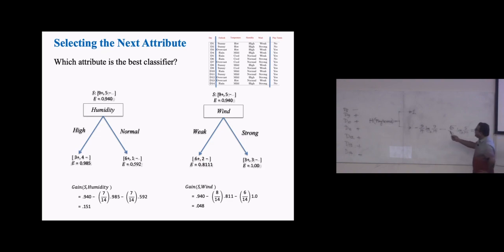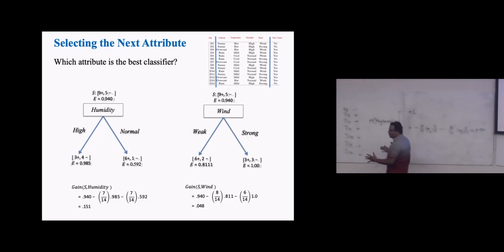So we have come down from 1 to 0.94. That's good. We have made some progress. But is that good enough? What is our goal? Make it 0, right? It may not always be possible, but we want to make it 0. Right? Okay.